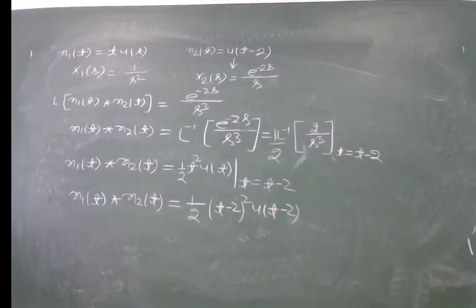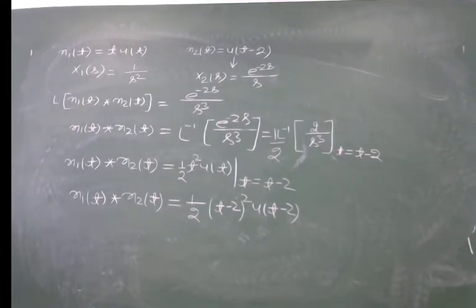(t minus 2) whole square by 2 into u(t minus 2).